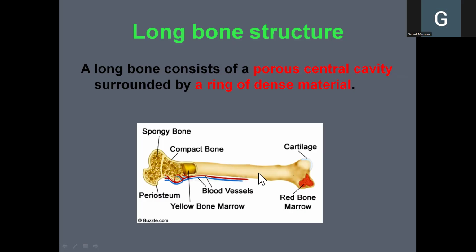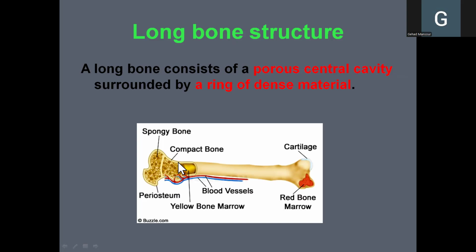And if this is a typical long bone, then in the cross section of the bone we will see several layers. The outermost layer, denoted here as compact bone, is called compact because it is densely calcified.